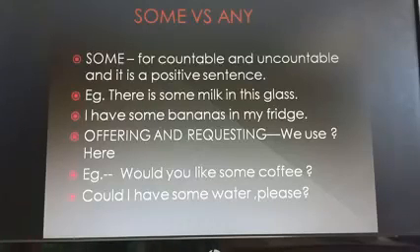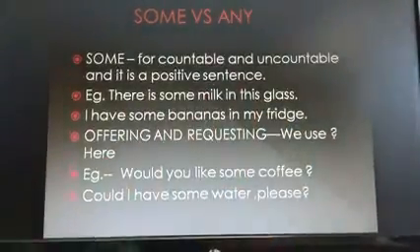If I am saying I have some bananas in my fridge, I am putting some bananas in my fridge and I can count them. So this is countable. So it is clear that some is used for countable as well as for uncountable. If you are offering or requesting someone, then you use a question.